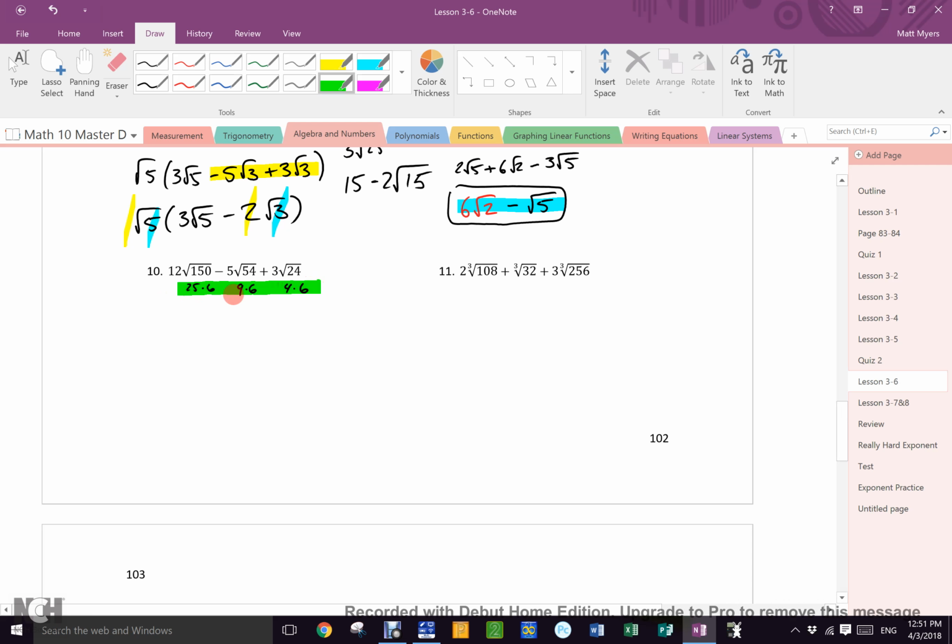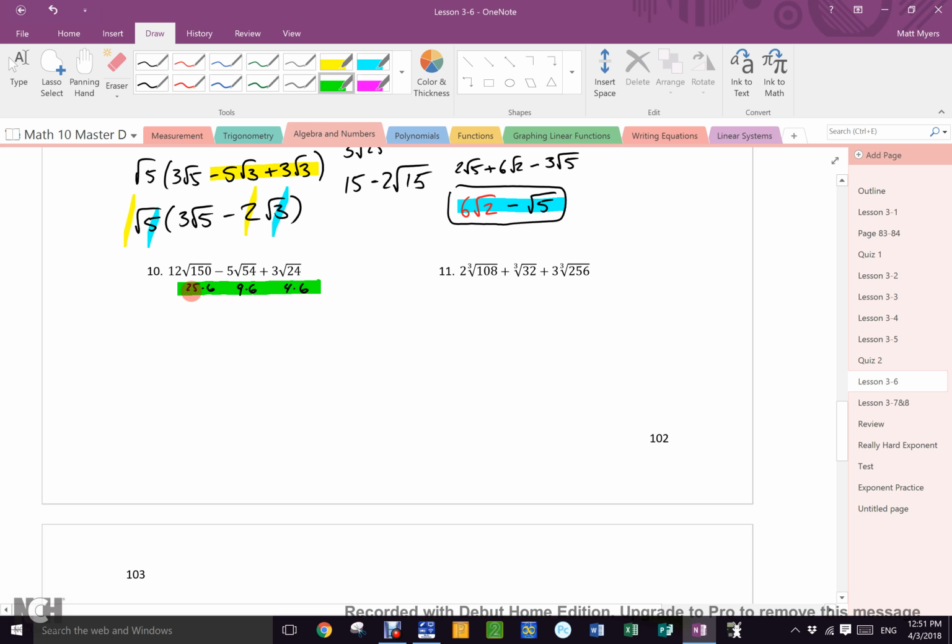Why did I choose those numbers? Why did I use 25, 9, and 4? I used 25 and 6, 9 and 6, and 4 and 6. Why? Because they're all perfect squares, right?